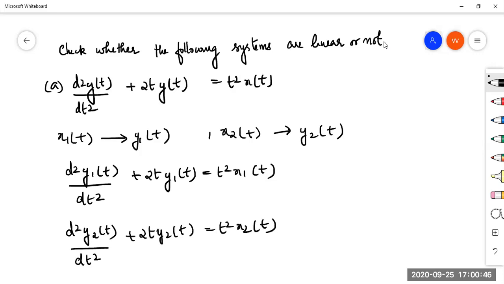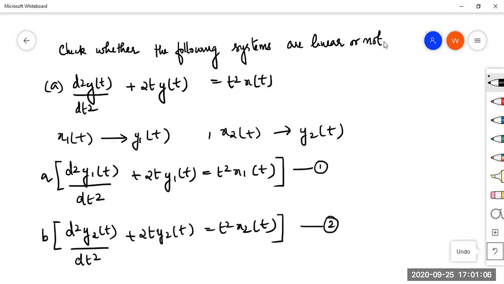Now what we have to do is multiply this entire equation by a constant, let it be a, and this particular equation by a constant, let it be b, and then add. Let this be the first one, let this be the second one. Now you add these two equations together. Now we will see what we are getting.